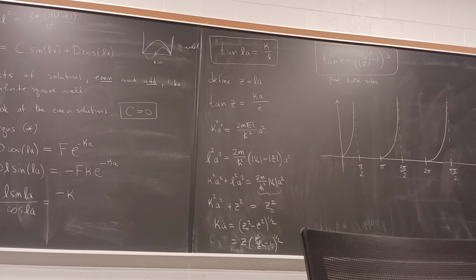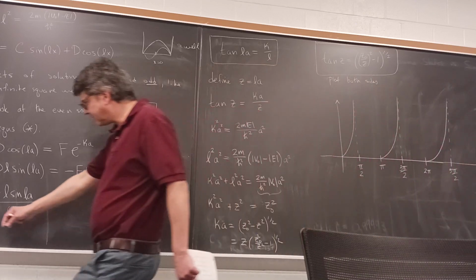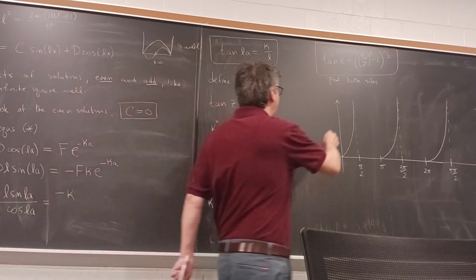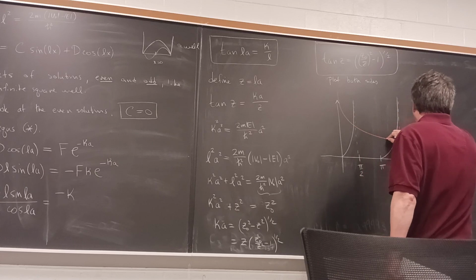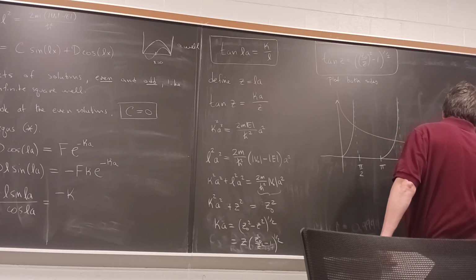So what happens at very small Z? It blows up. It goes to infinity. It's coming down from infinity. So this comes down like this, and then whenever it reaches 1, it hits 0.